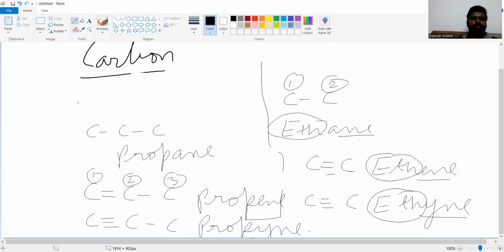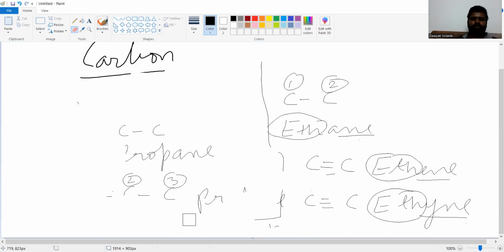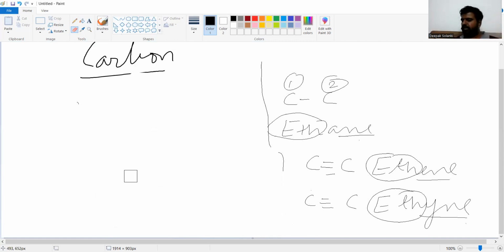In the case of meth, there is one carbon only. It will take place in alkane, but not in alkene and alkyne, because there is only one carbon. See, it is bonded with 4 hydrogen atoms.